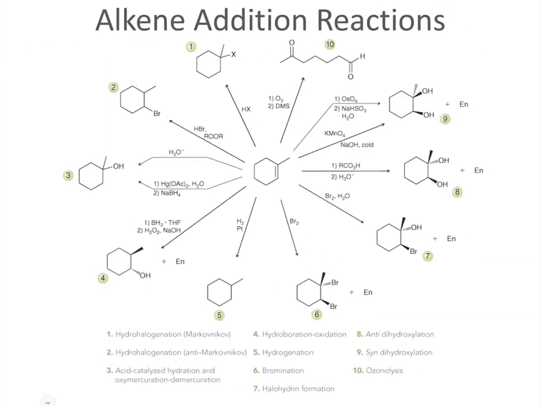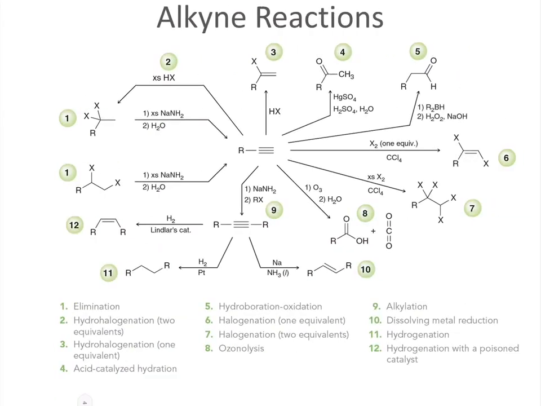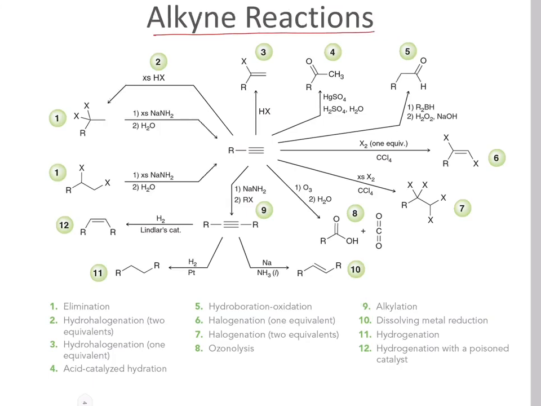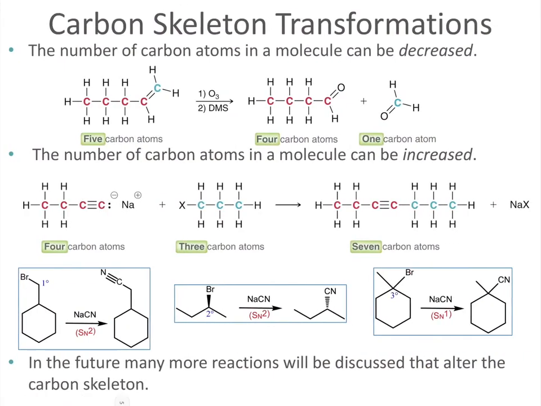You need to know the reagents necessary to perform alkene addition reactions, whether it is a one-step or a two-step synthesis. You need to know the materials necessary to perform alkyne reactions, the ones involving either one or two-step synthesis. You also need to know how to alter the carbon skeleton.